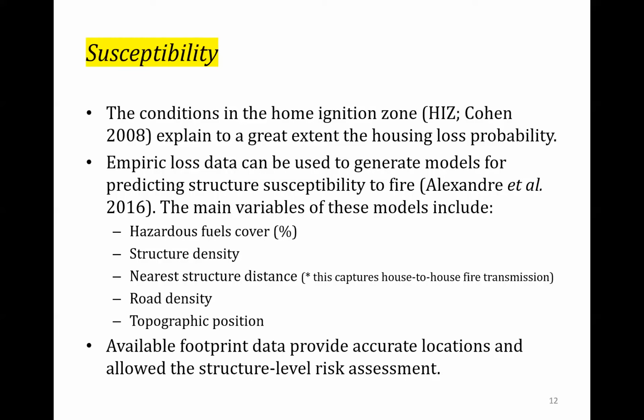And here the interesting point is that since we have accurate housing locations, we can delineate accurate home ignition zone areas and extract the geospatial available data for the home ignition zone to provide really accurate structure level risk assessments.